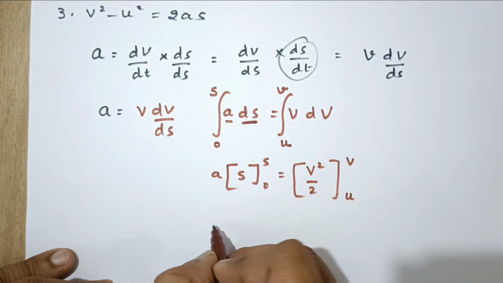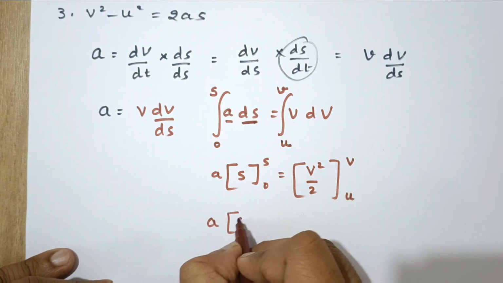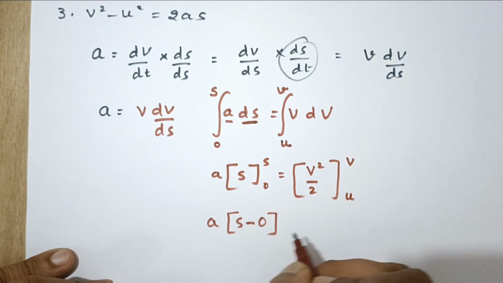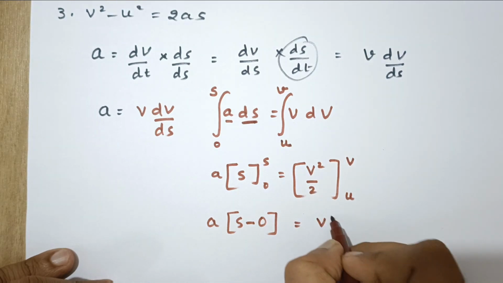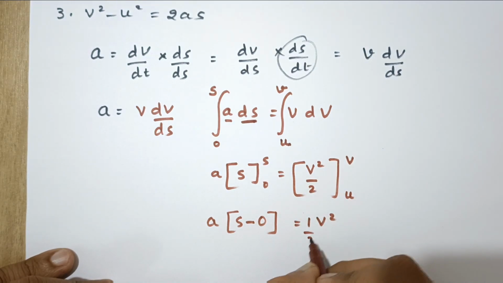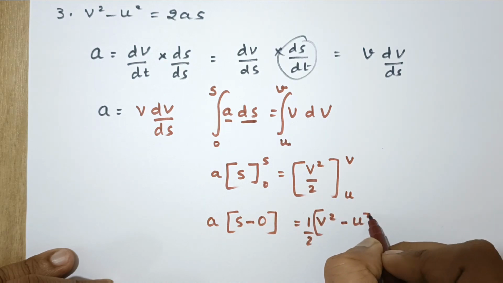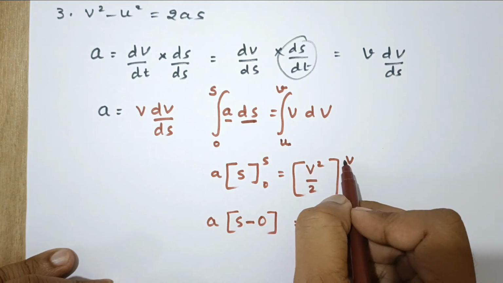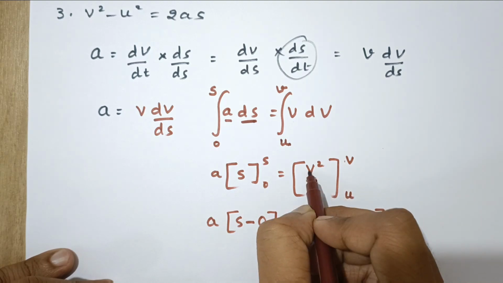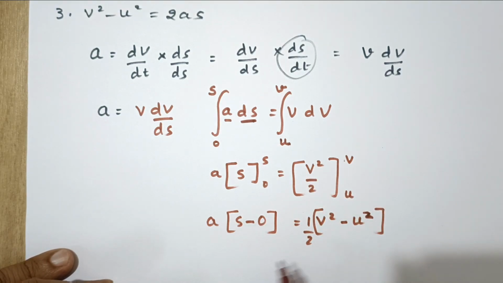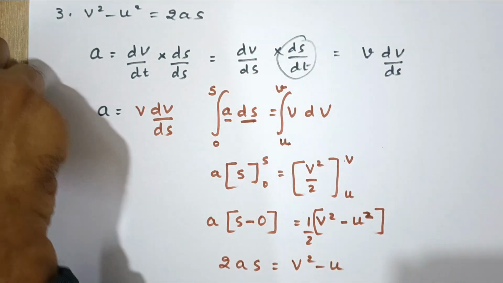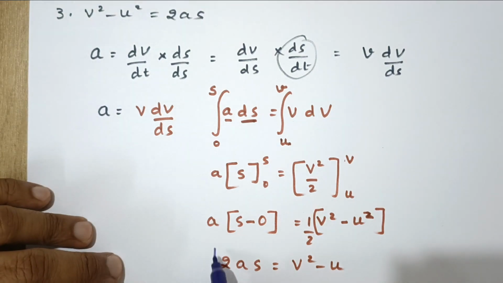Then I'm going to substitute upper limit minus lower limit, which is equal to half times v square minus u square. Take this 2 on the other side, so 2as is equal to v square minus u square. That is the third equation of motion.